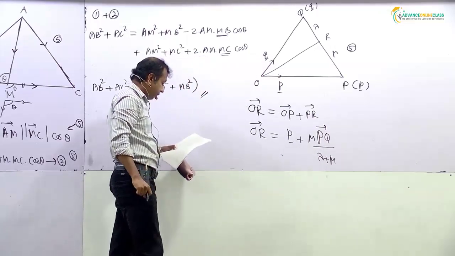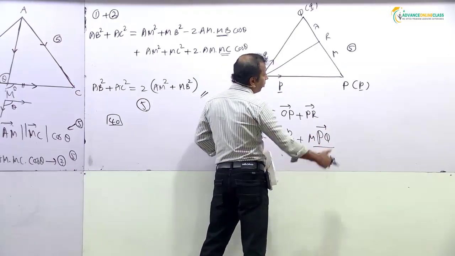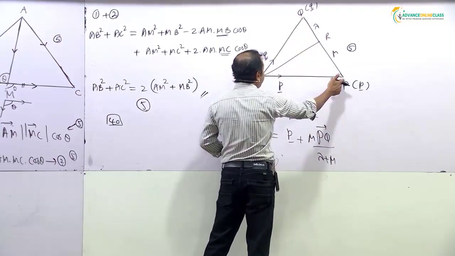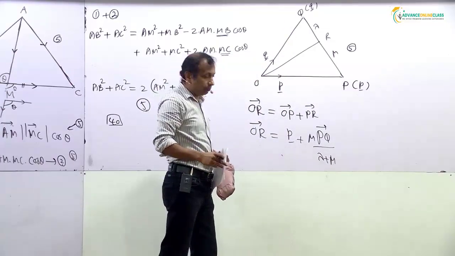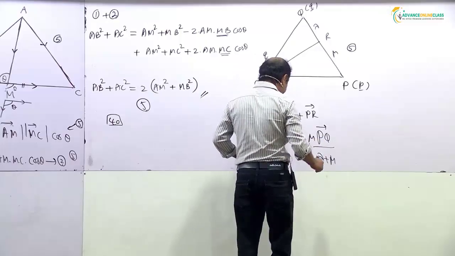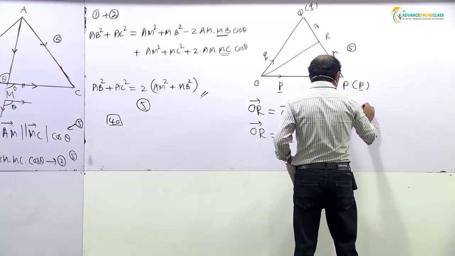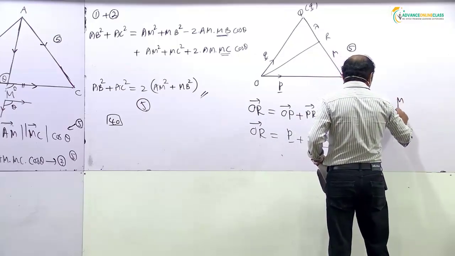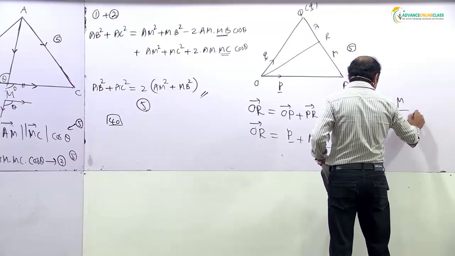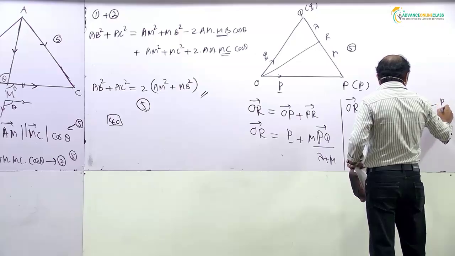For this PQ vector, PQ vector means PO plus OQ, that means Q minus P. Put that Q minus P here. So R vector is equal to P plus mu over lambda plus mu times PQ, which means Q minus P.